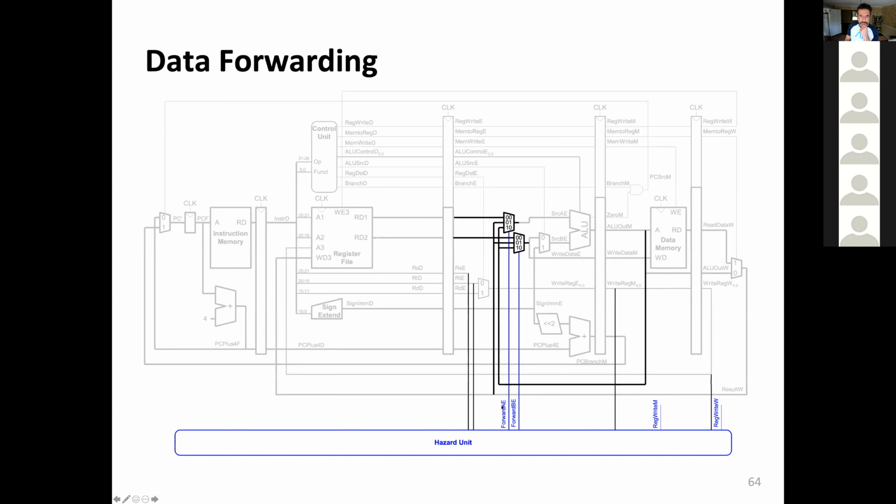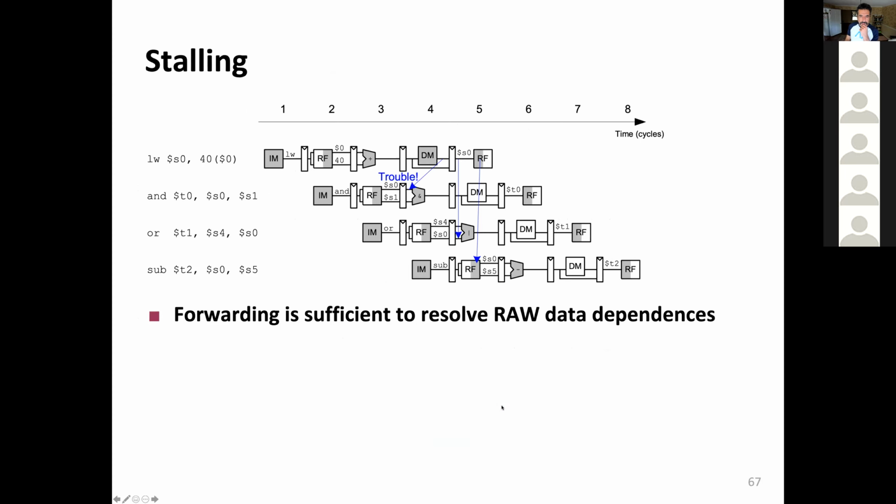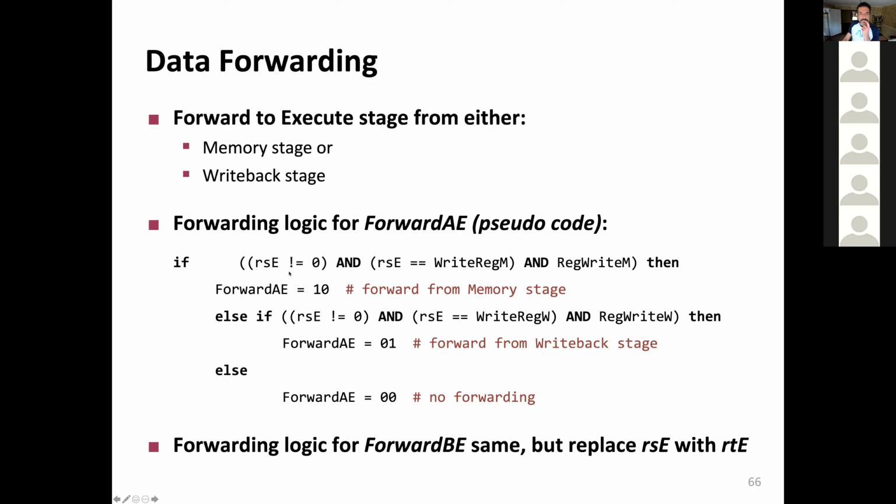So this will say that if this RSE signal is not equal to 0 and RSE is equal to write register M and register write M, then forward AE is 1, 0, meaning that we want to forward from memory stage.